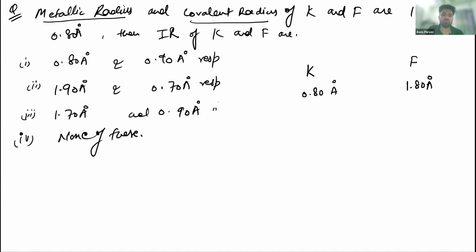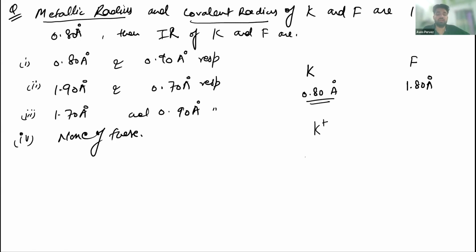So you can expect here that the ionic radius of potassium, you can imagine, this is very simple. You know that potassium is going to have its ion as K positive, and K positive will always be smaller than this one, this 0.80.